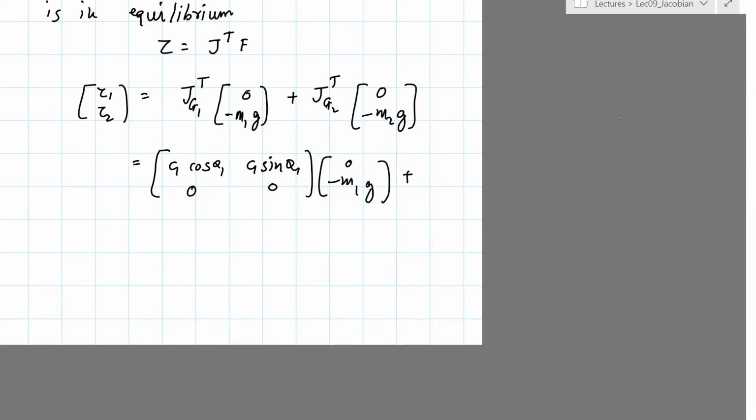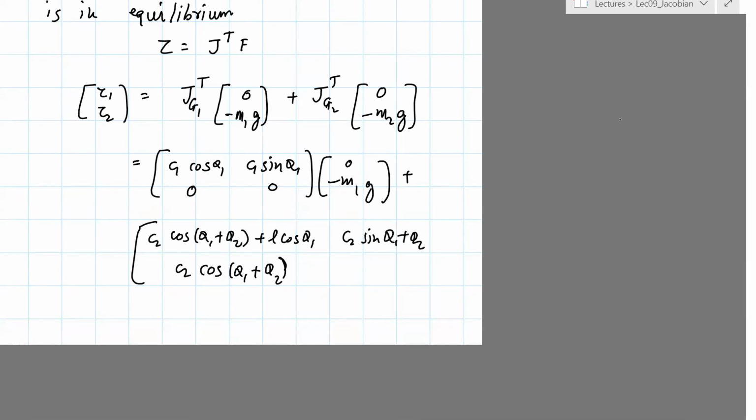And then the second line would be C2 cosine theta 1 plus theta 2 plus L cosine theta 1, C2 cosine theta 1 plus theta 2, C2 sine theta 1 plus theta 2 plus L sine theta 1, C2 sine theta 1 plus theta 2.